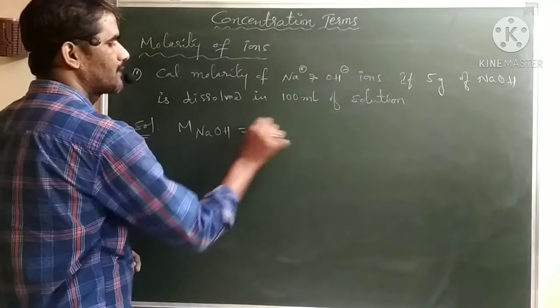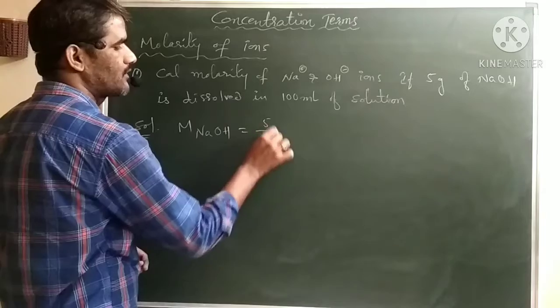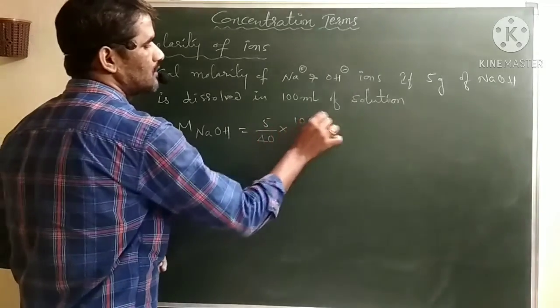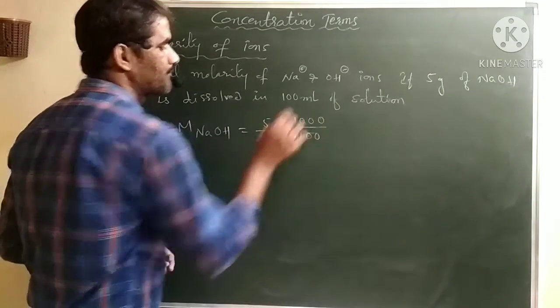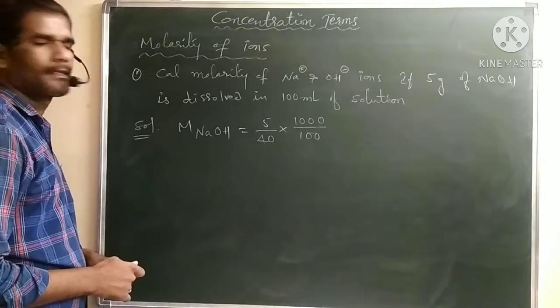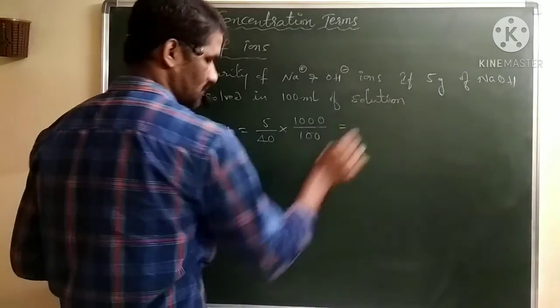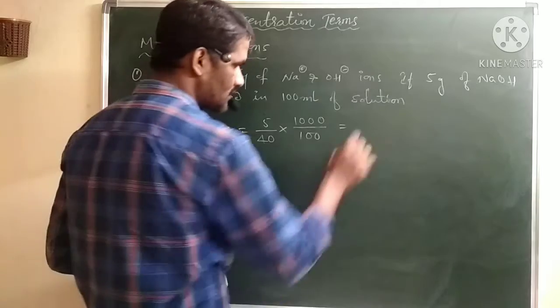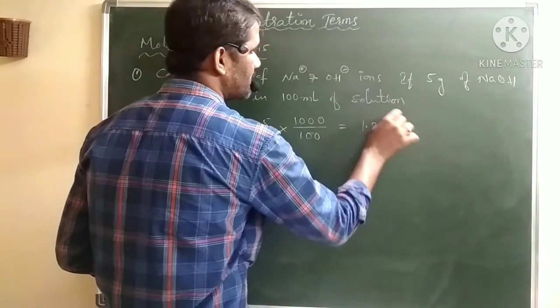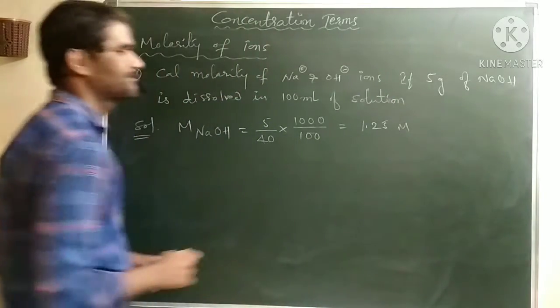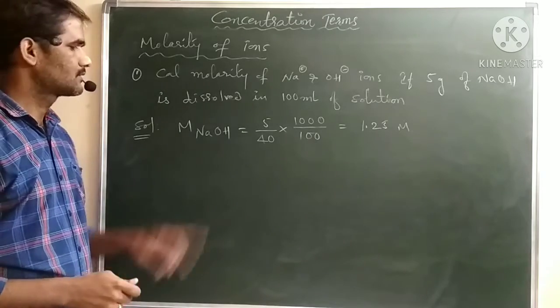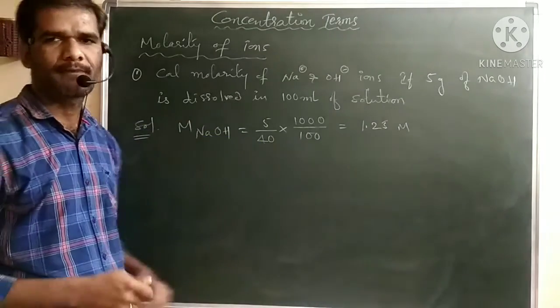This is 5 by molar mass of NaOH, which is 40, into 1000 by 100. So how much will we get? Approximately 1.25 molar. So here the NaOH concentration is 1.25 molar.